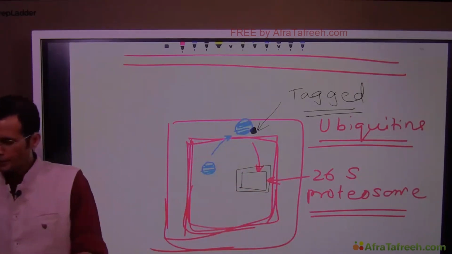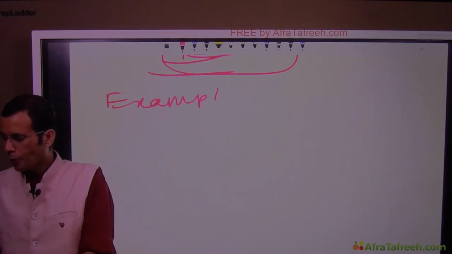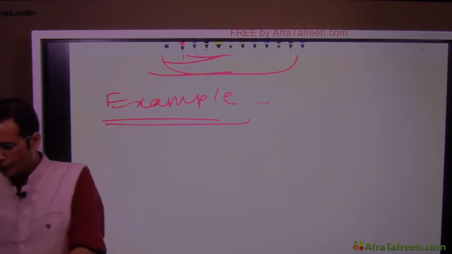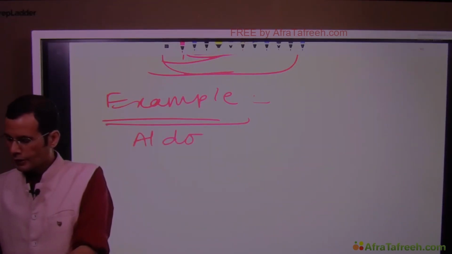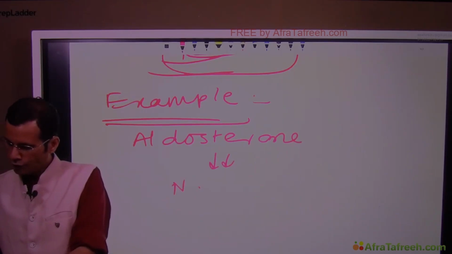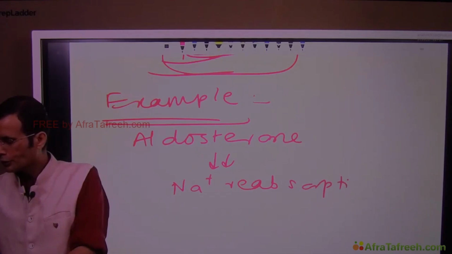Now, I'll give you the example of this. A very important example, clinically very important. The example of this is aldosterone and its action of sodium reabsorption from the renal tubules.